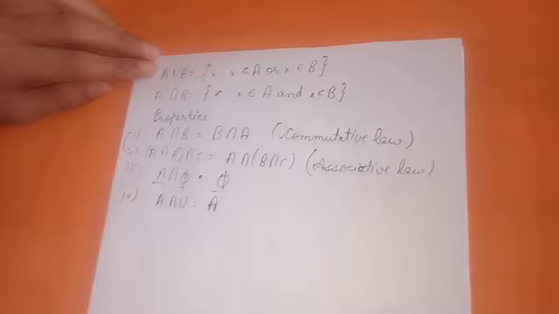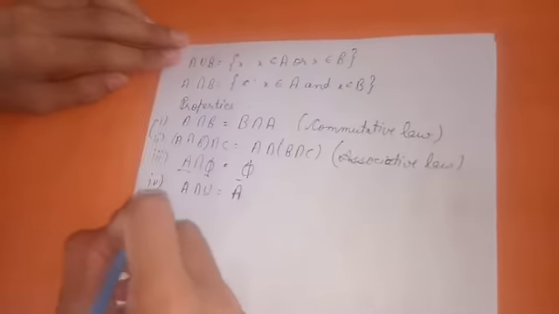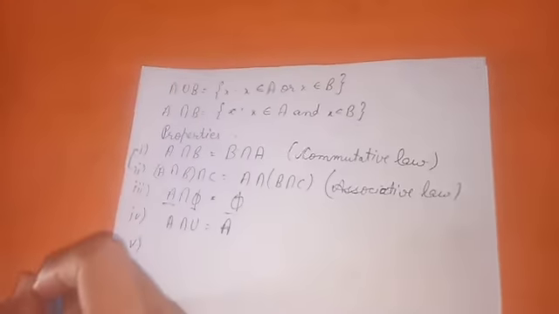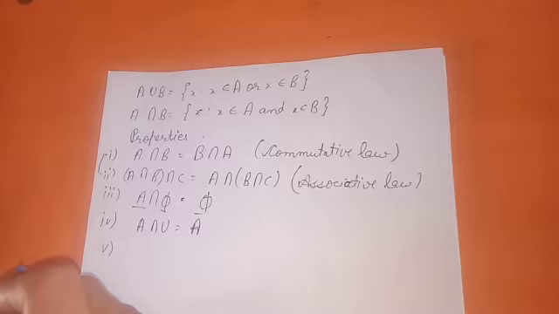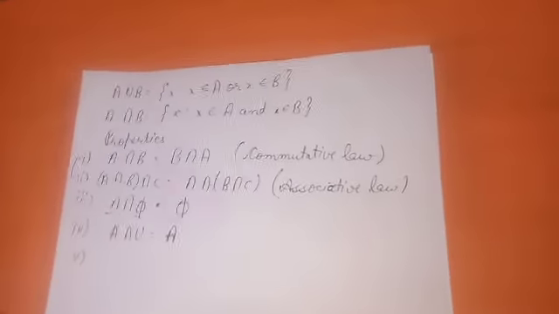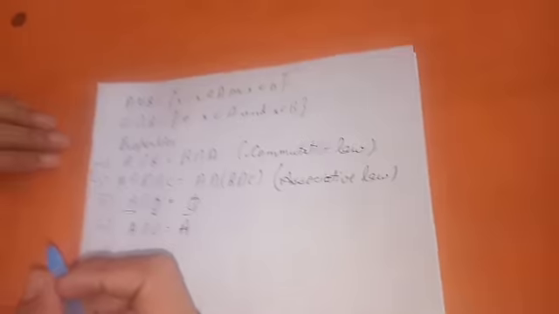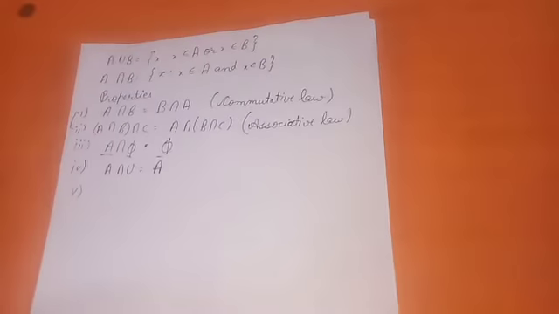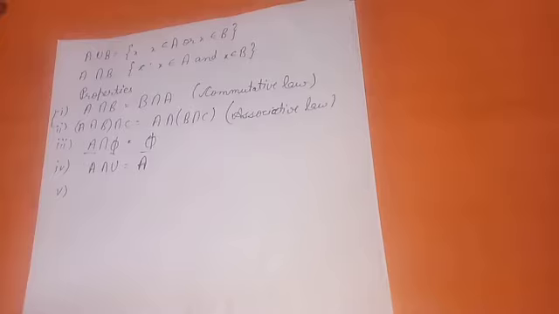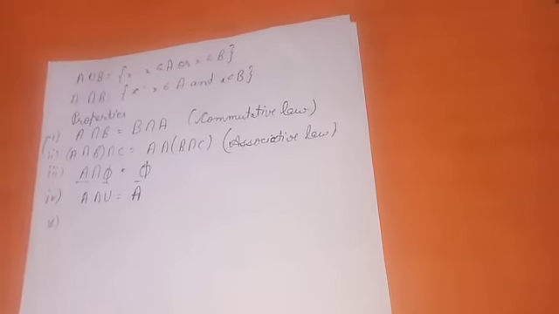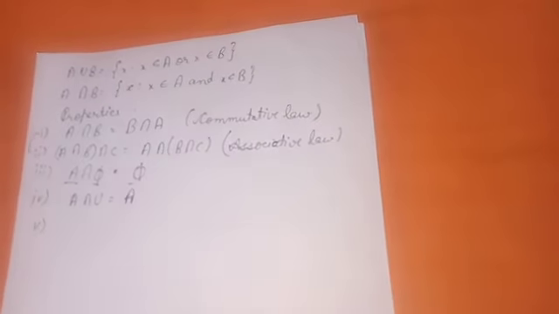Okay, now the fifth is very important, in which we discuss the distributive law. Like we have studied the distributive law of multiplication over addition in whole numbers and integers in our earlier classes.